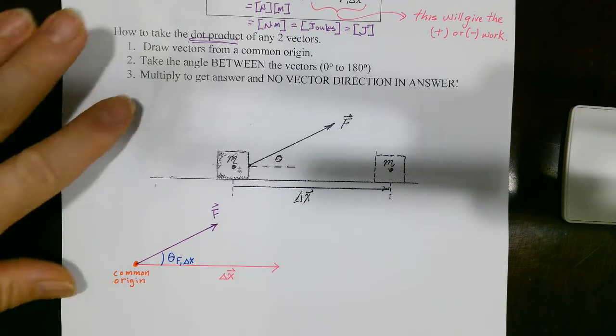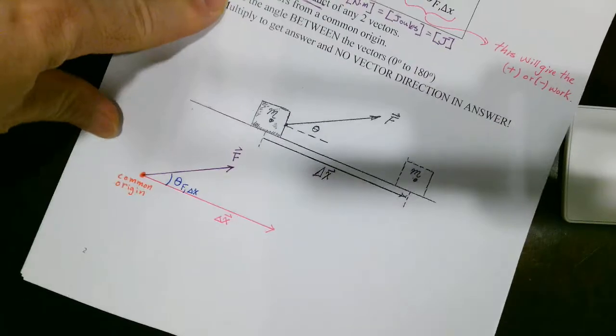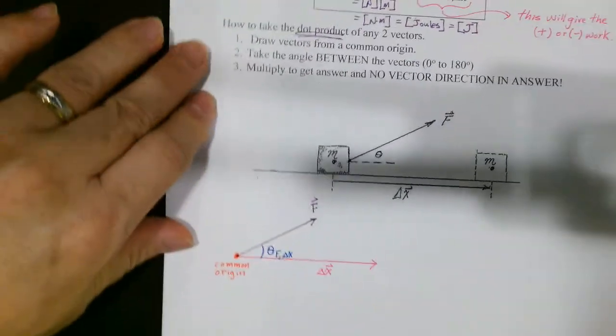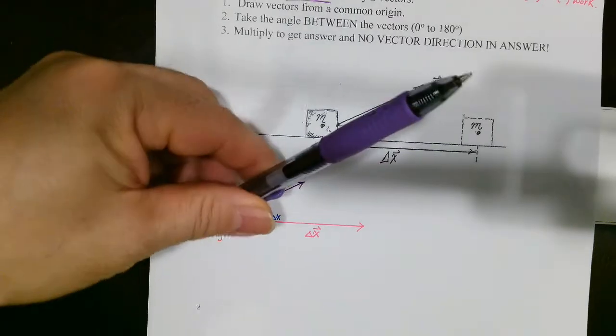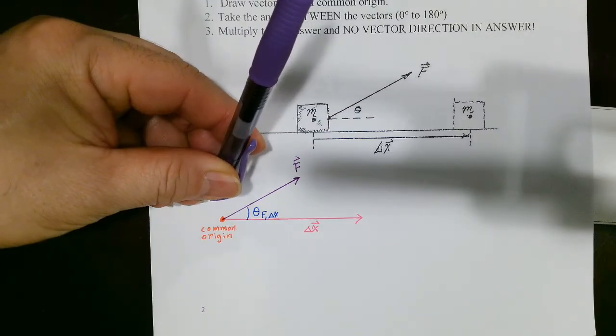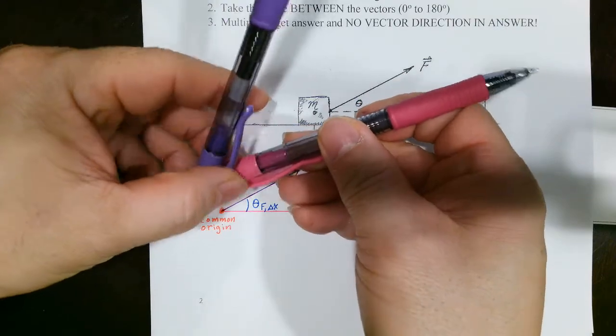Now, obviously, in more general terms, this can be oriented however you want. It doesn't always have to be on the x-axis. Matter of fact, your force vector can be out in space like this, and your displacement vector can also be out in space like this.